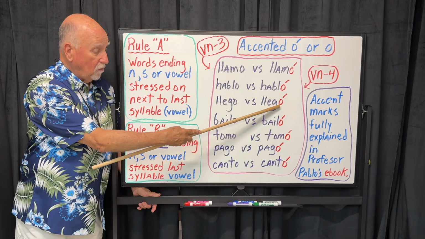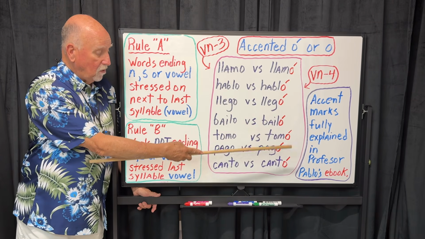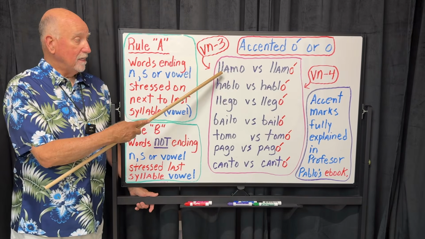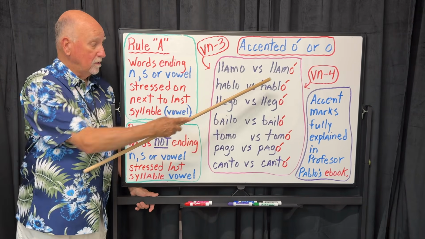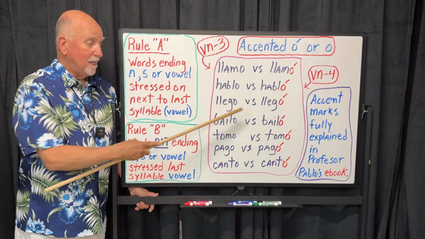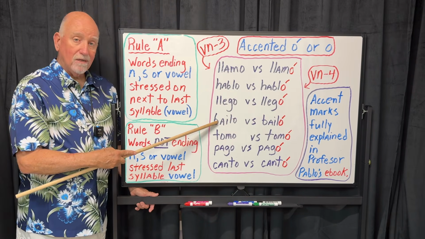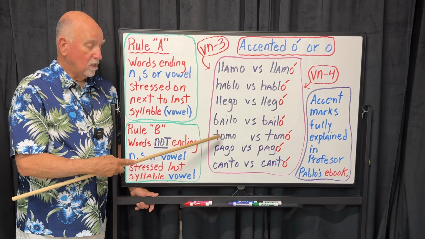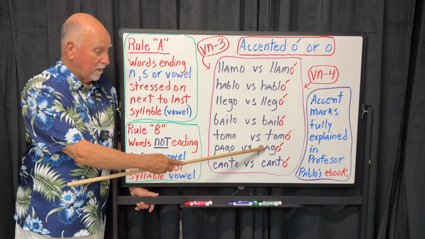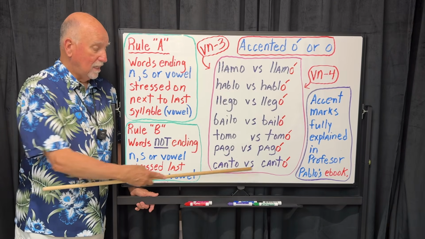Here, llegó, bailó, tomó, pagó, encantó. Listen to the difference. Llamo, llamó. Hablo, habló. Llego, llegó. Bailo, bailó. Tomo, tomó. Pago, pagó. Canto, cantó.